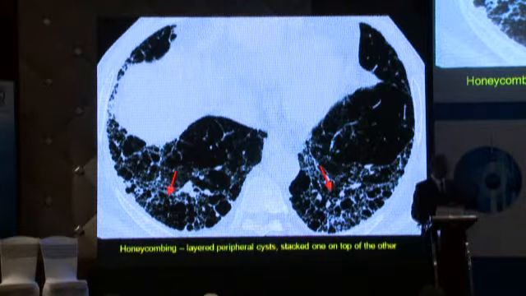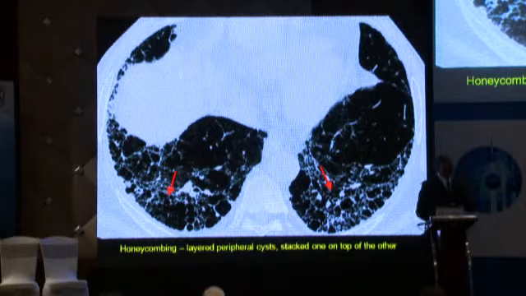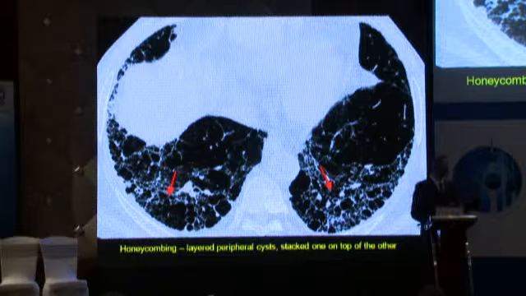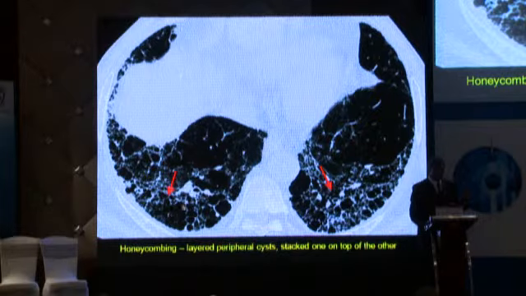And if we can figure out what honeycombing is and be able to diagnose this all the time, it pretty much takes the pain out of interstitial lung disease imaging. So honeycombing is layered cysts that go from the periphery to the hilum in the basal region, stacked one upon the other. Right? So if we can pick this up, this changes everything.